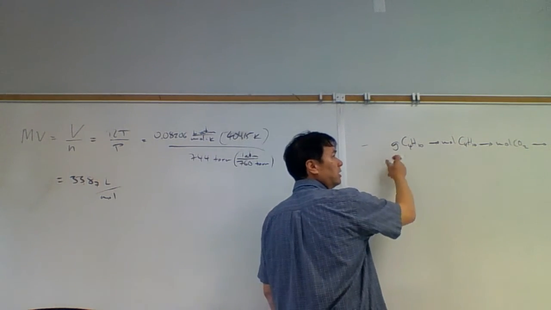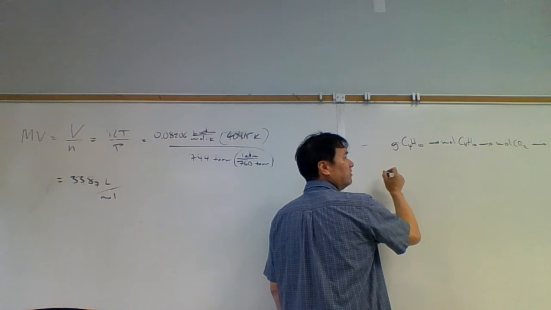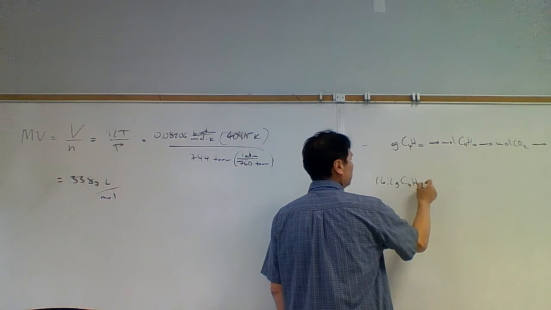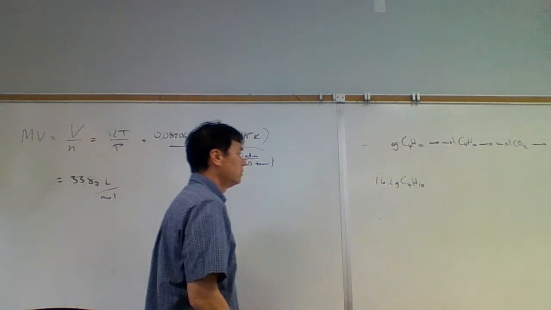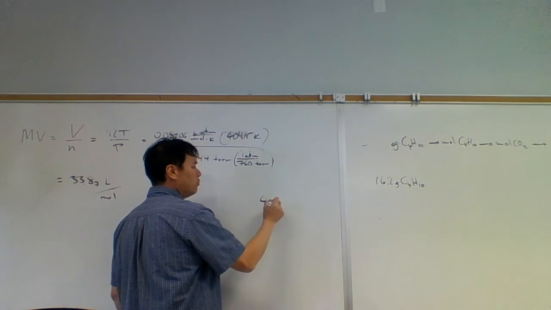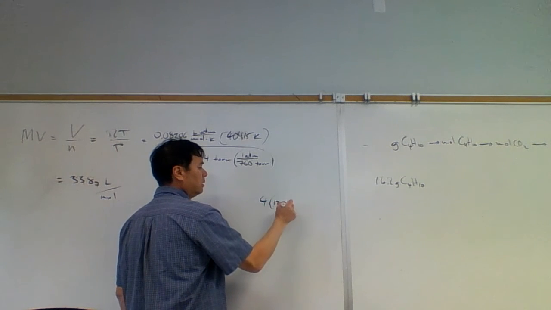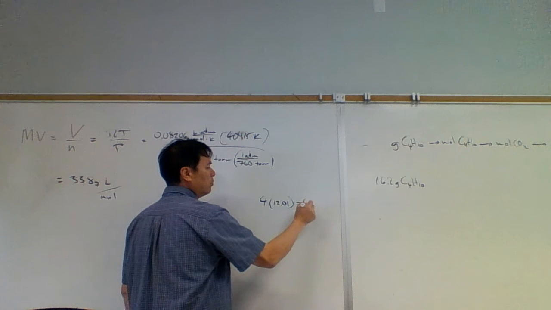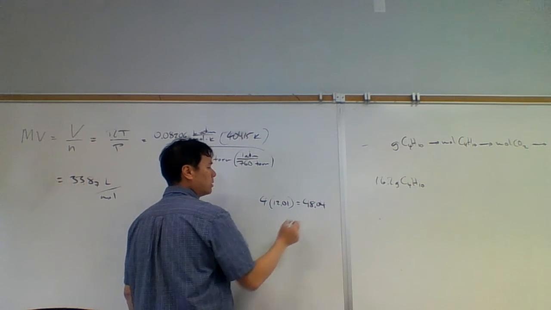And so starting off with the grams of butane, we have 16.2 grams of butane, C4H10. To convert that into moles, we'll need the molar mass. So we have 4 times 12.01, that's the carbons, so it's 48.04 grams worth of carbon.